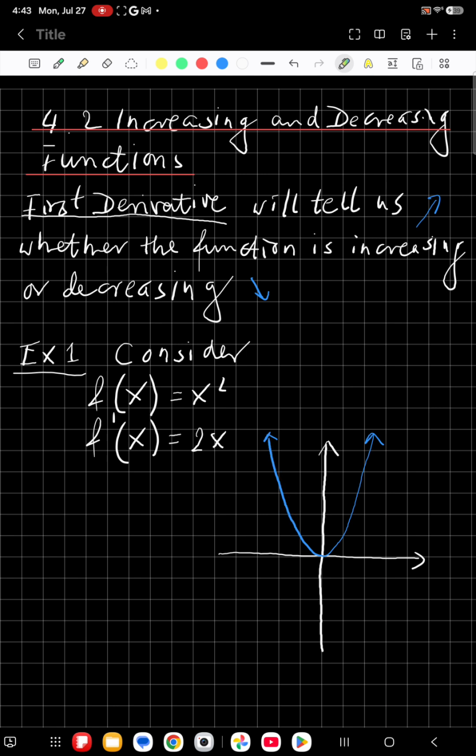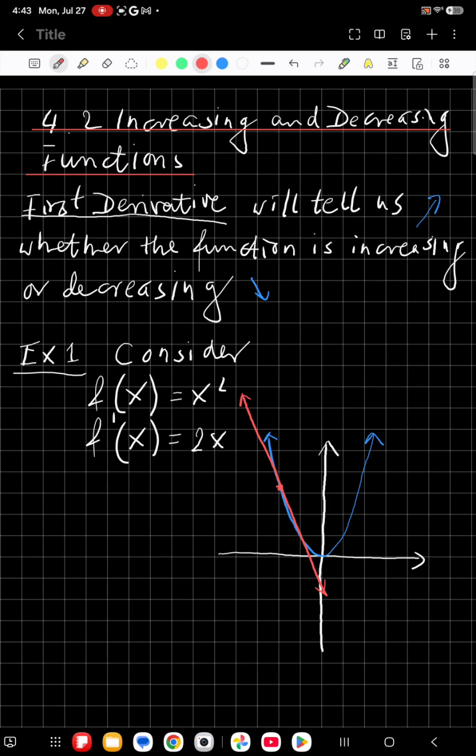Let me draw one of the tangent lines. Let me try again. Let me pick a certain point, let's say here, so -2. For -2, maybe the tangent line, and you see that the function is decreasing.